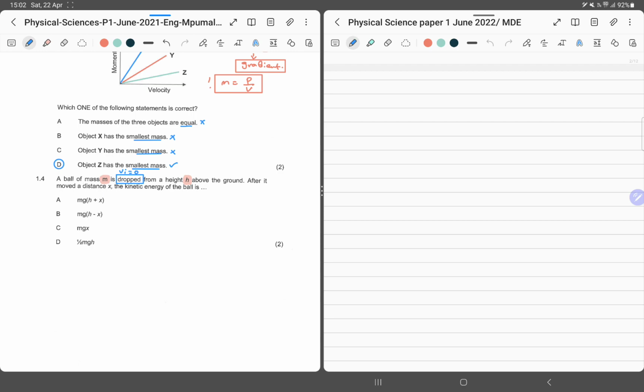Okay, after it moved distance x, the kinetic energy of the ball is... Now these are some of the higher order questions where you can't just sniff an answer and get it right. You've got to do some working out somehow. Okay, let's have a look. We've got ourselves a situation governed by this scenario right here. So we've got this height.